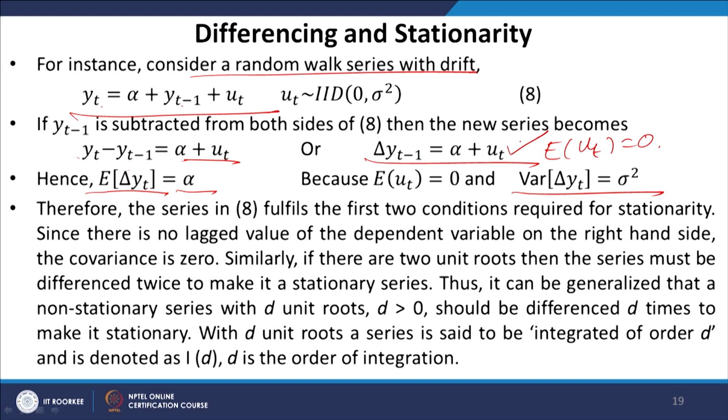Thus, it can be generalized that a non-stationary series with d unit roots, d greater than 0, should be differenced d times to make it stationary. With d unit roots, a series is said to be integrated of order d and is denoted by I(d). d is the order of integration.